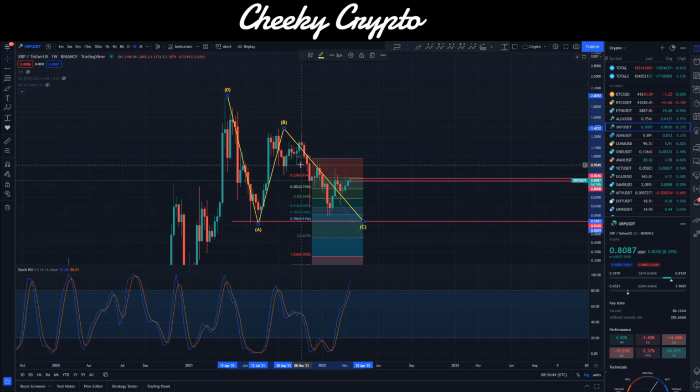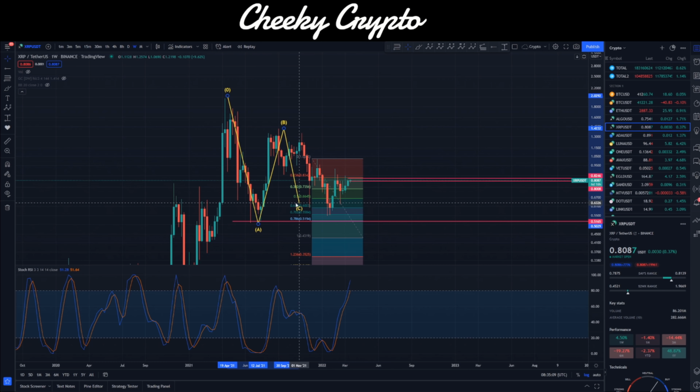Now, actually, XRP has been somewhat relaxed about this. Cardano's already completed its expanding flat correction. You've got Bitcoin in the middle of its running flat correction, in my opinion, and many others have already completed their ABCs, but XRP hasn't yet. So we could potentially see this thing come back down and create the double bottom. If not, it drops a little bit lower, and there'll be a fantastic opportunity for accumulation ahead of the lawsuit.